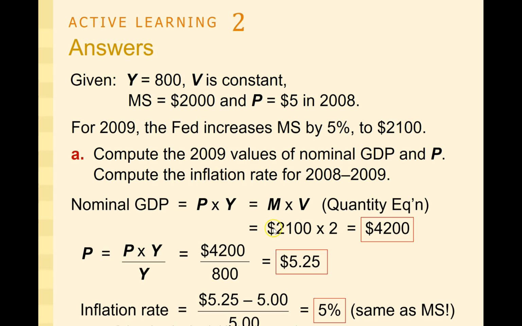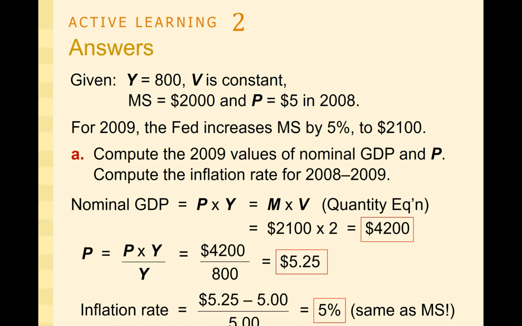That's given to us. So we can take 2,100 times 2. We're told that velocity is constant, so we're going to hold on to that. And since P times Y is equal to M times V, we can use the logic here that P times Y is then equal to 4,200. So we have that piece of information.